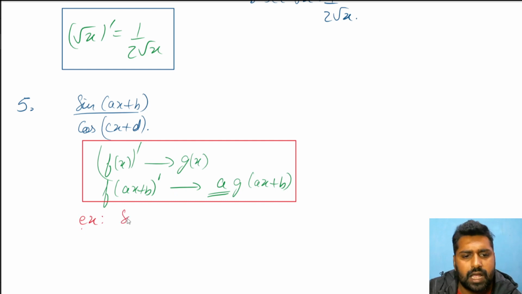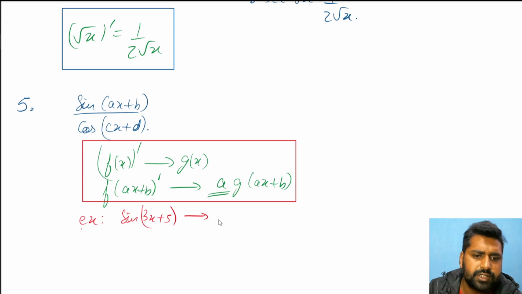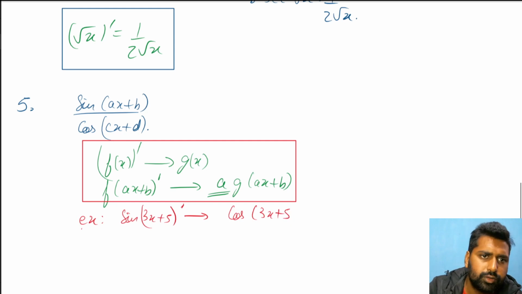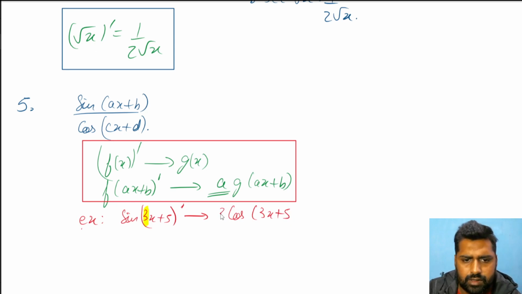Like suppose sine 3x plus 5 differentiation is asked. You know what is the differentiation of sine? That's cos. So directly write down cos 3x plus 5, and whatever is the coefficient of x, that will come in multiplication. That's it. So don't waste time in differentiation by chain rule for these kinds of function if only x is being replaced with ax plus b.